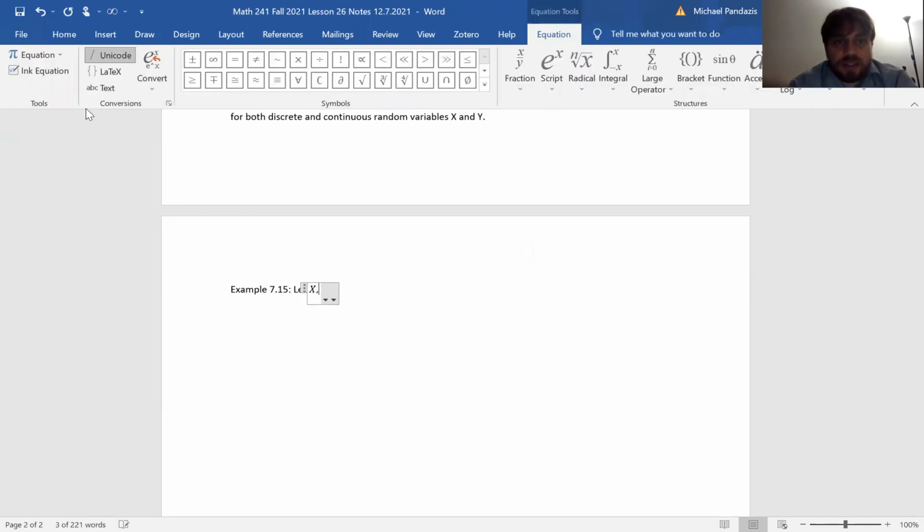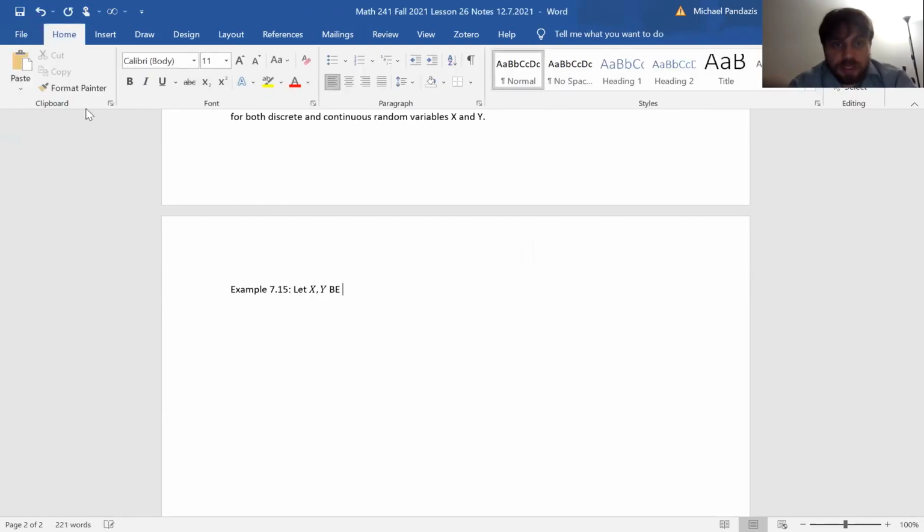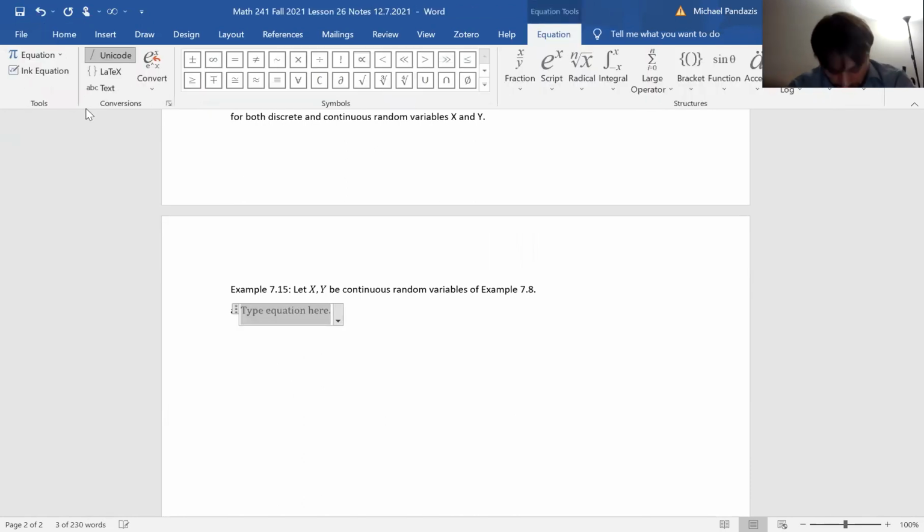Let X and Y be continuous random variables of a previous example, example 7.8. So for part A, the goal is going to be to compute f sub X of x.